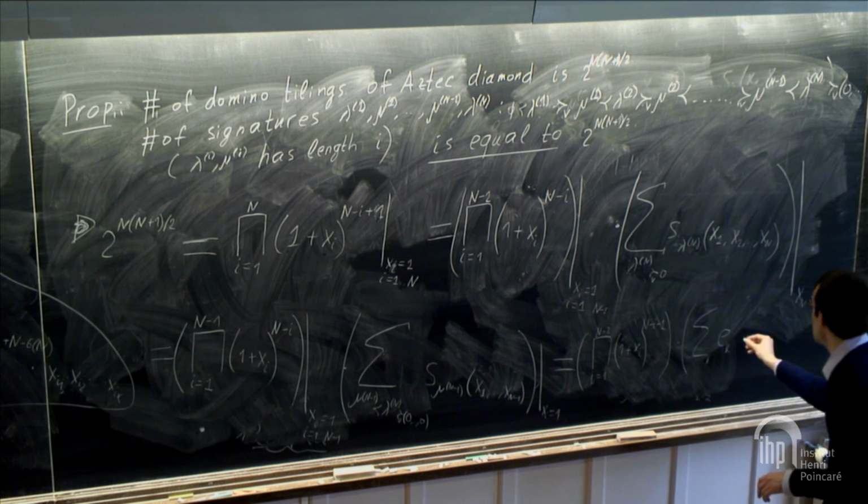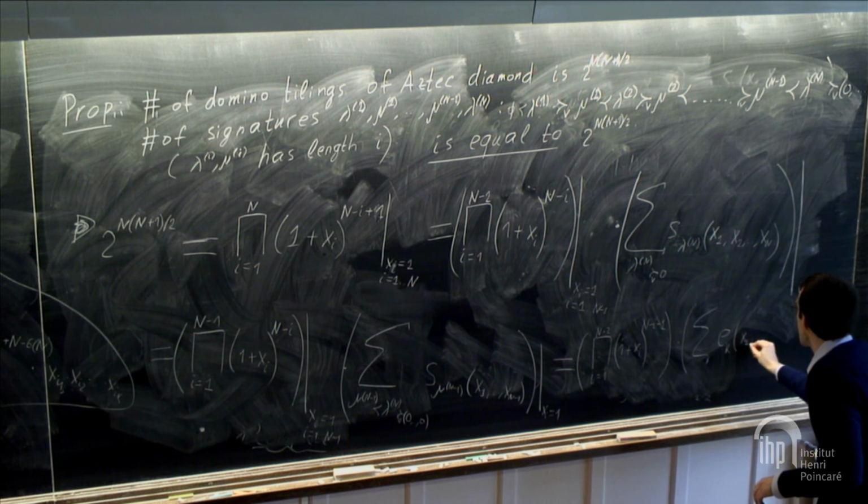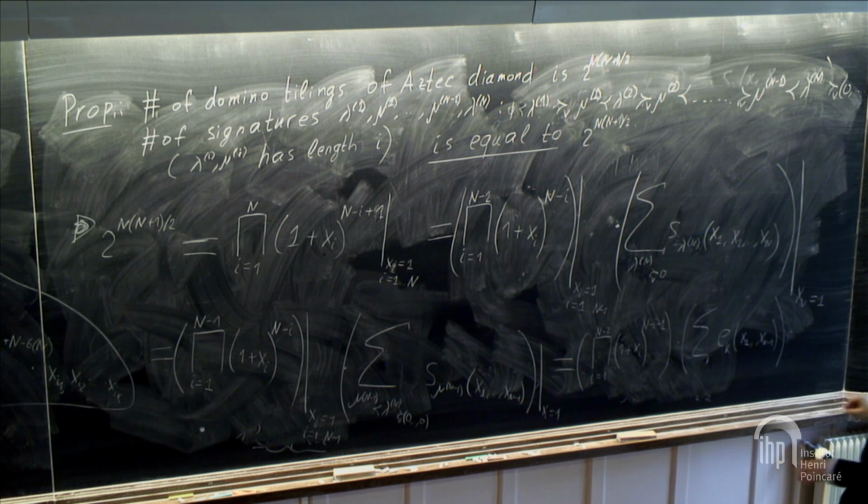I will not write indices x1 through xn minus 1, times this large sum of Schur functions s mu n minus 1.